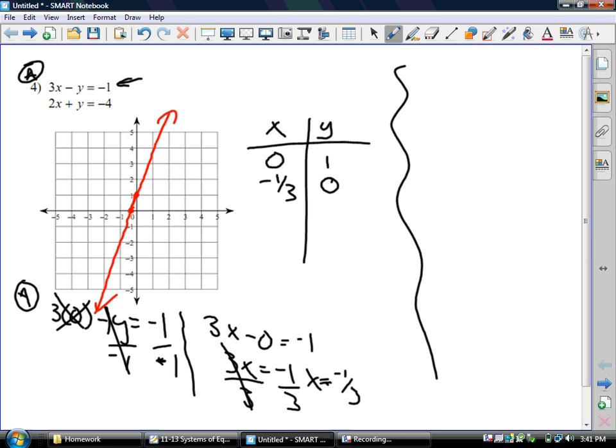We graphed the top. Now we have to graph the other line, right, by finding solutions to the other equation. It's 2x plus y equals -4. We'll call this equation B. How are you going to find solutions?